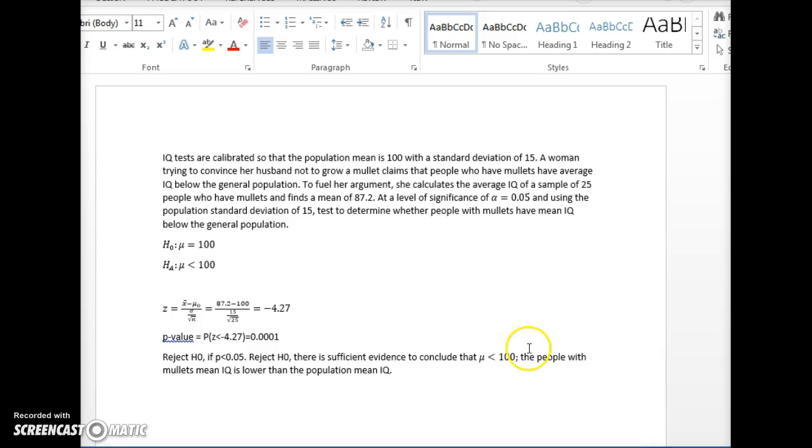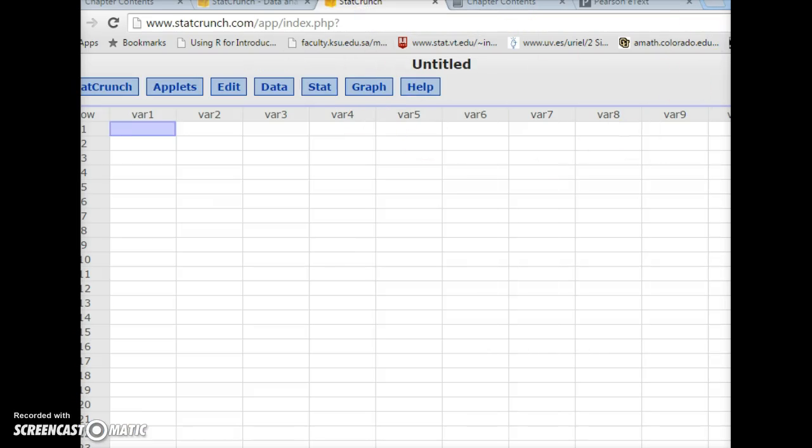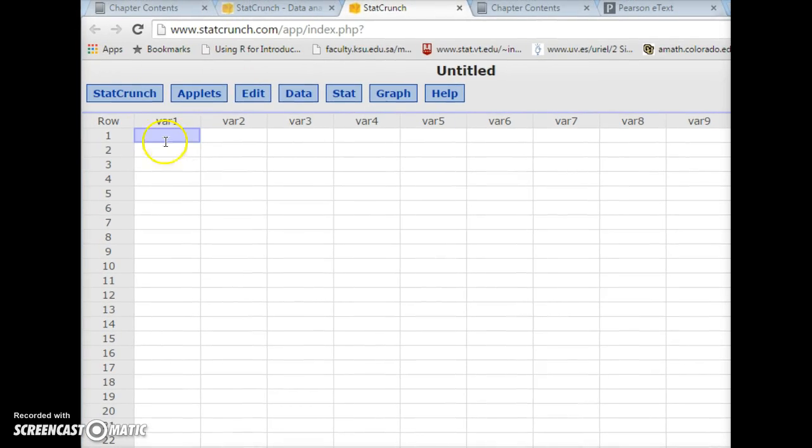So that's by hand. If we're asked to do it by StatCrunch, which I will simply state if I want it by hand or StatCrunch, we'll just do it. So now let's go over to StatCrunch. Here, I'm back at where we always start.